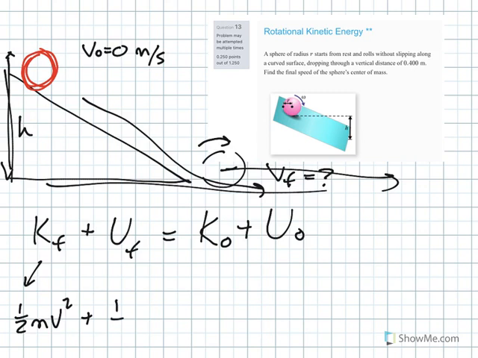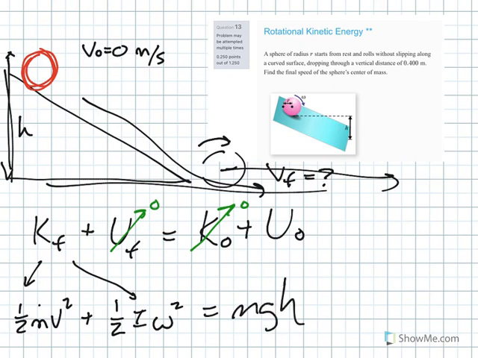In angular terms, m becomes the moment of inertia, I, and instead of v we have omega. So K final is those two added together: 1/2 mv squared plus 1/2 I omega squared, plus 0, because gravitational potential energy at the bottom is 0. At the top, it starts from rest. It's not rolling or translating, so that is 0 as well. So then we have equals mgh.